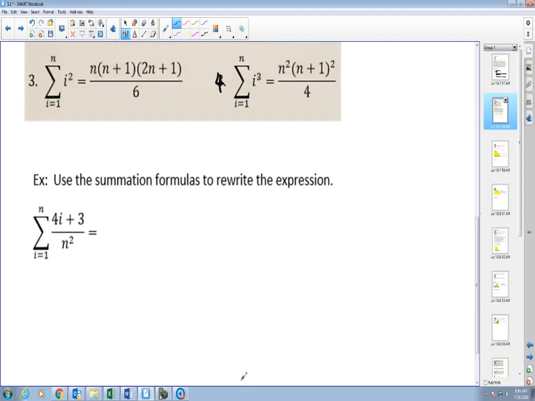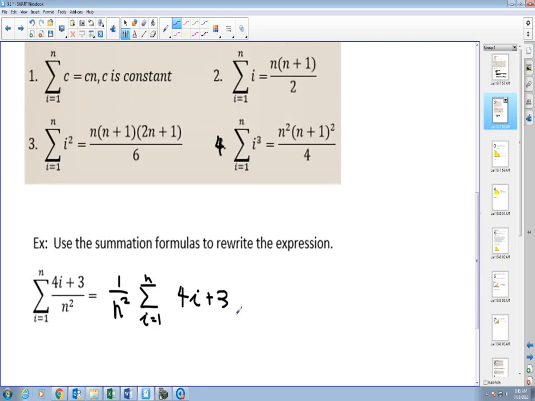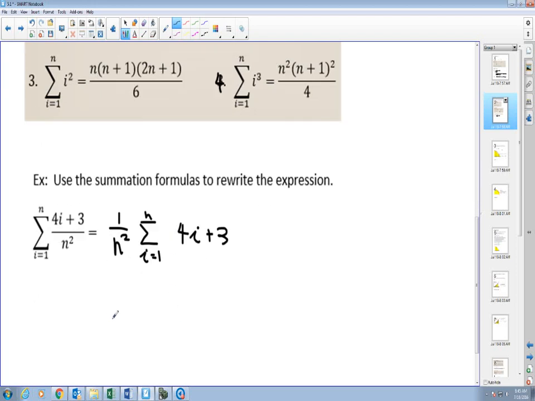What I can do is pull this n squared out in front of my summation. That gives me 1 over n squared times the sum from i equals 1 through n of 4i plus 3. The addition here allows me to split my sum into two pieces.